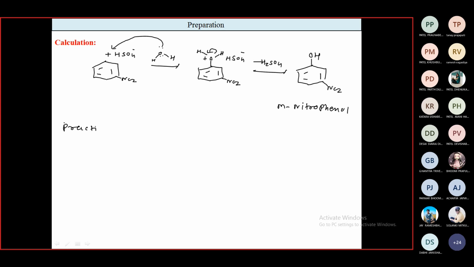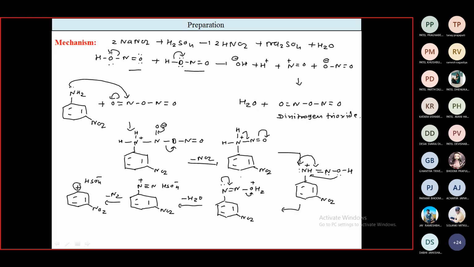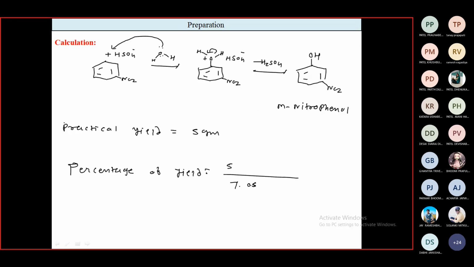Suppose the practical yield is equal to 5 gram, then the percentage of yield is practical yield upon theoretical yield, that is 7.05, into 100. So you get a yield of product of 70.92%.